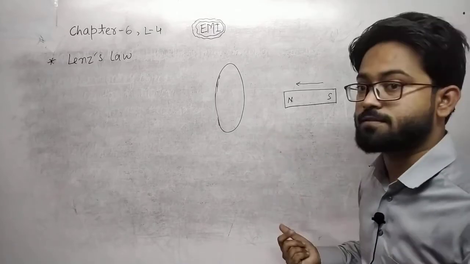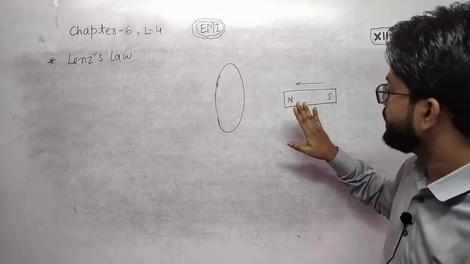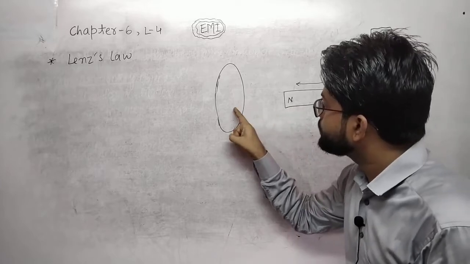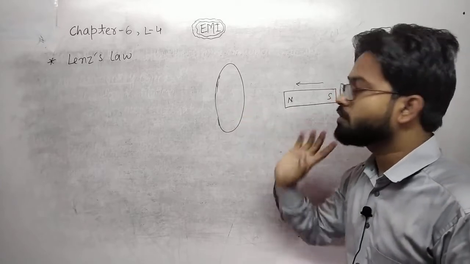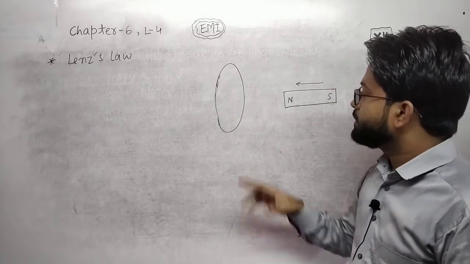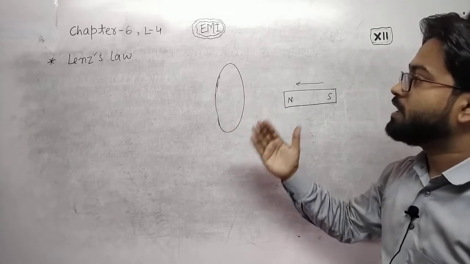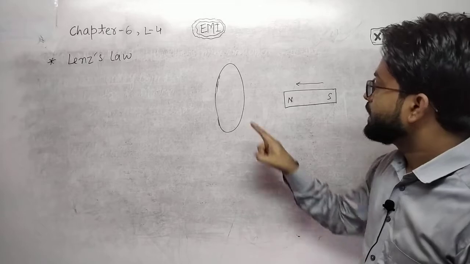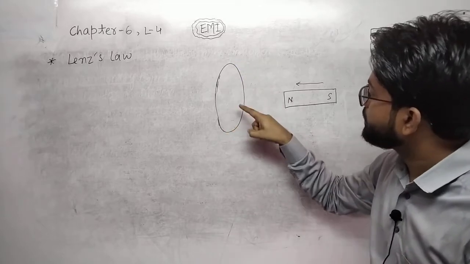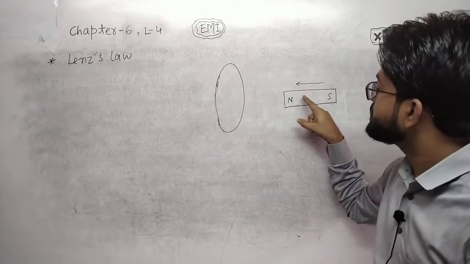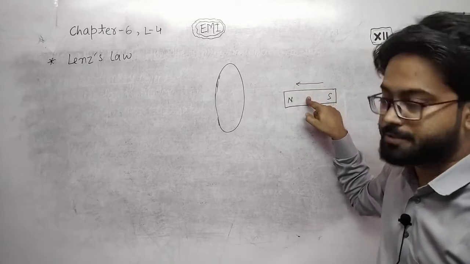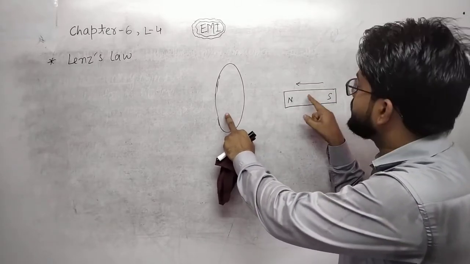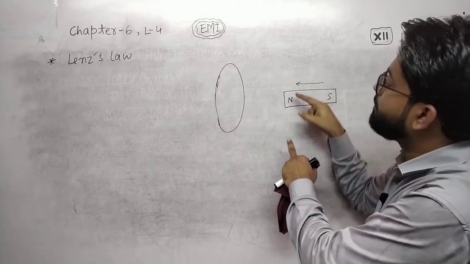But what is the Lenz law? When the bar magnet is moving toward the coil, the direction of current will be such that it opposes the motion of the bar magnet. It will oppose the motion of the bar magnet.